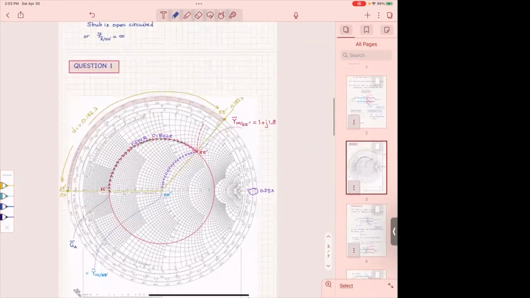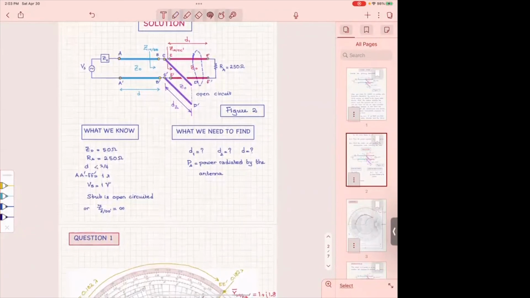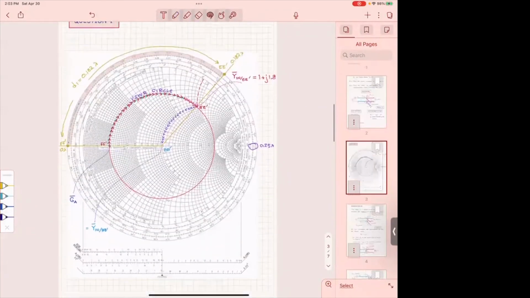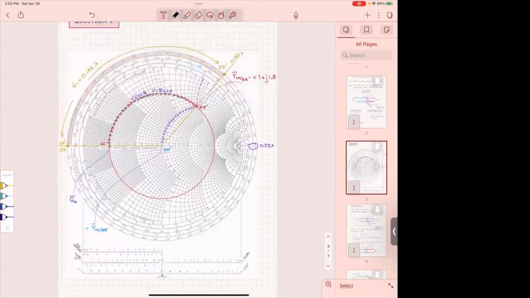VSWR, you remember we call this red circle the VSWR circle. To measure the VSWR for that, we draw a line from the leftmost point on the horizontal axis that this circle has, and then we move it here.